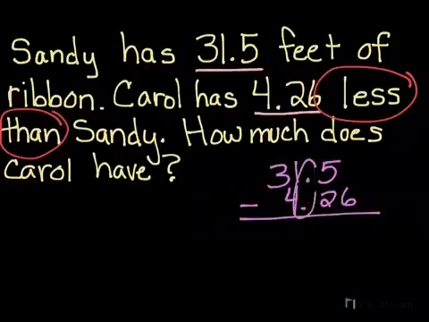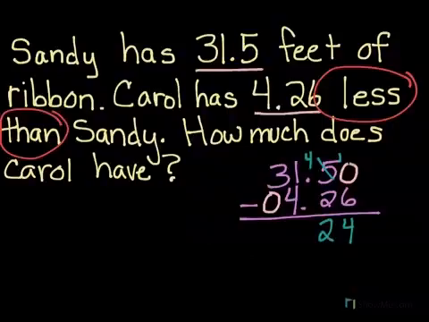I'm lining up my decimal points before I start subtracting. I have some empty spaces. I'm going to fill those in with a 0. Now I just have to subtract. I know 0 can't take away 6, so I'm going to borrow. 10 minus 6 is 4. 4 minus 2 is 2.